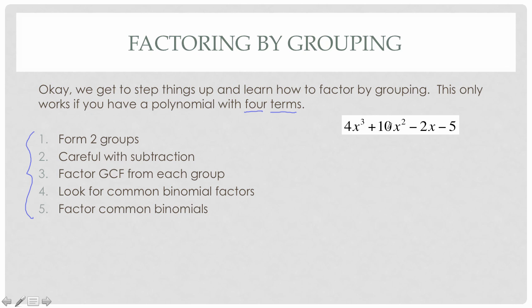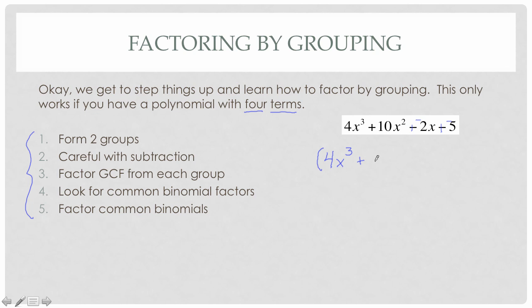I would first go through, if you have any subtraction, change it into adding with the negative, just like this. Instead of minus 2x, it's plus negative 2x. Instead of minus 5, it's plus negative 5. What that'll let you do then is everything is now addition. I can put my 2 groups with parentheses and not worry about distributing in negatives or things like that.